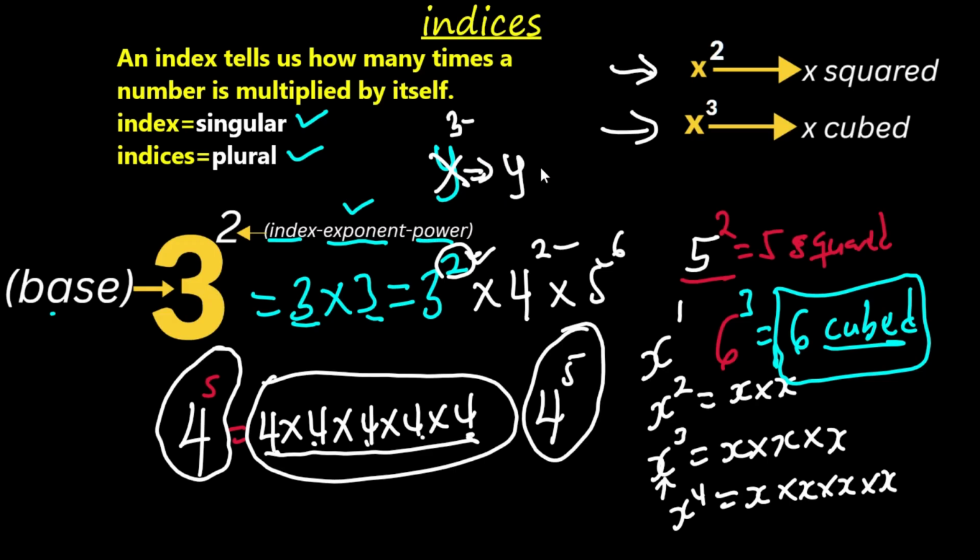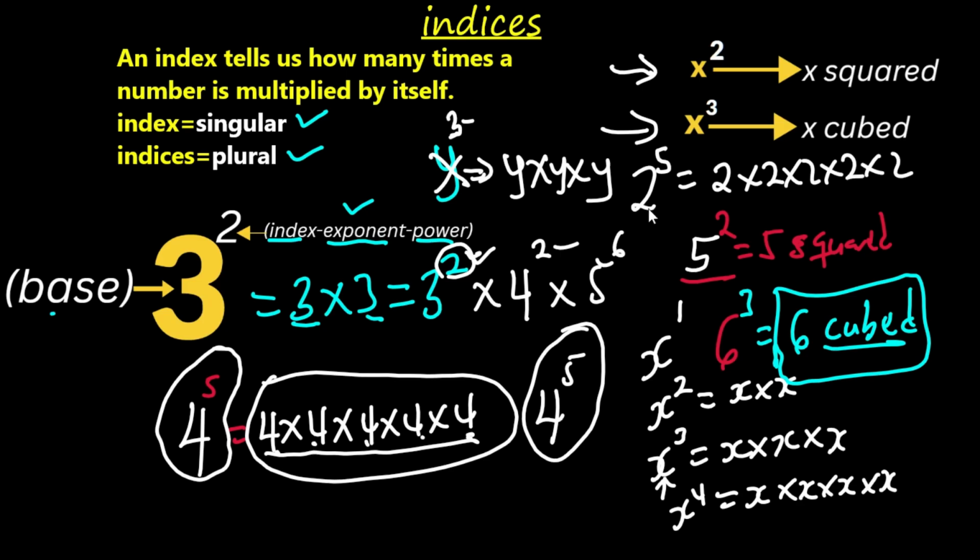So we have 1, 2, and then 3. And then the index or the power can go up to any number, just that mostly for examination sake we try to reduce the number. So if I want to write 2 exponent 5 in the normal way, I just write 2 times 2 times 2 times 2 times 2, which means that 2 is being multiplied by itself 5 times.